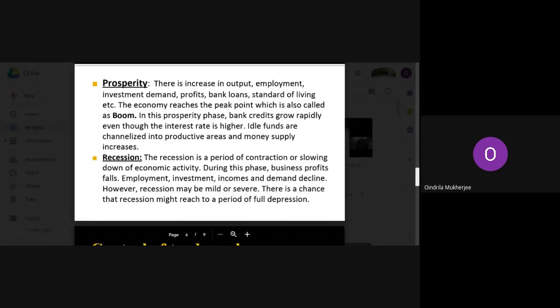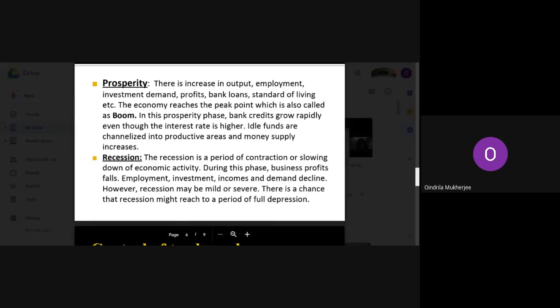This topmost point will be called the boom phase. Okay, it will be the highest peak point.